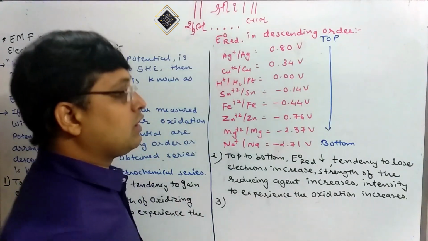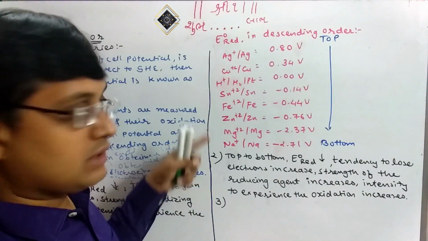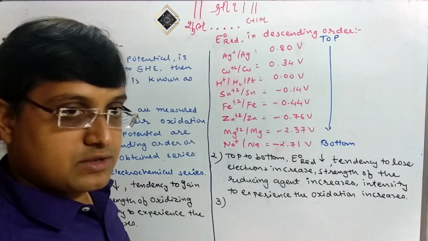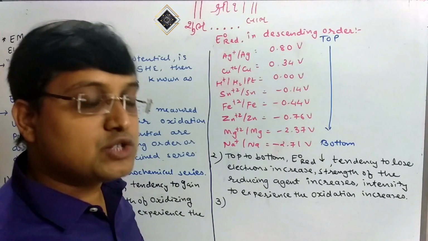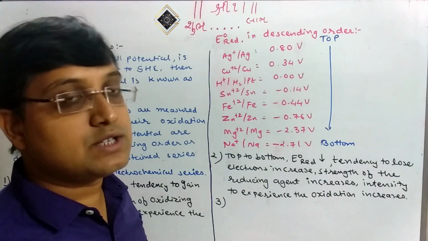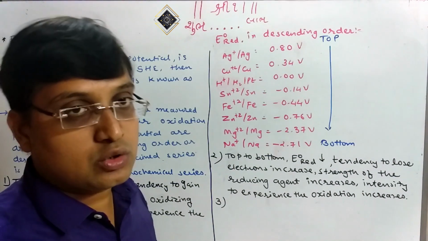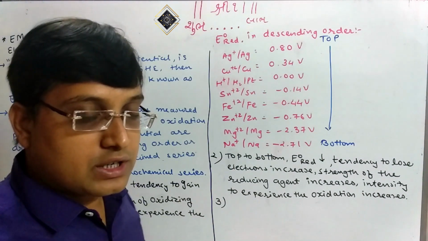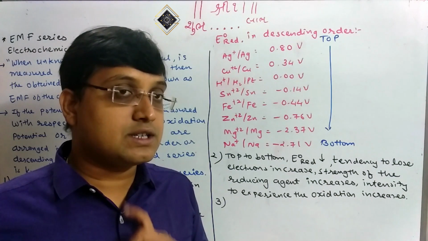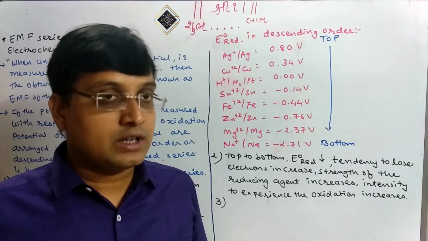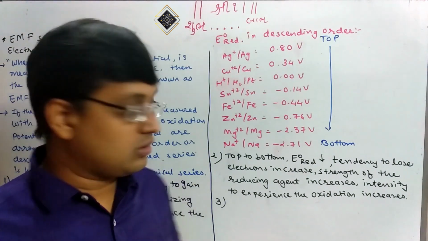Third, if you know the EMF series, EMF value, at least you can predict which half cell works as anode and which one works as cathode when we connect two half cells. Now just give attention. In a galvanic cell, we know that zinc works as anode and copper works as cathode.